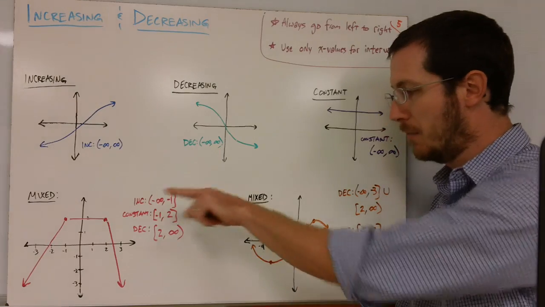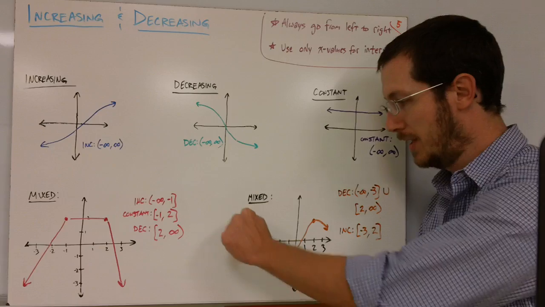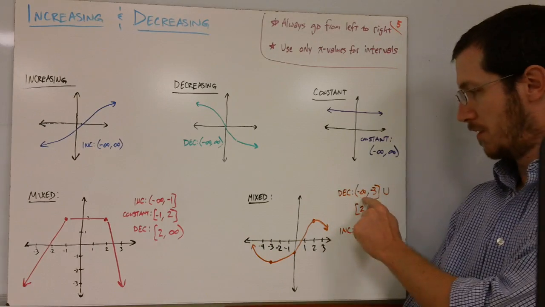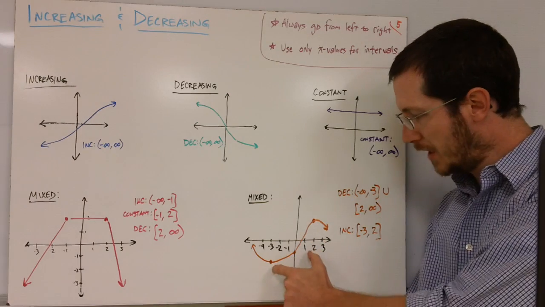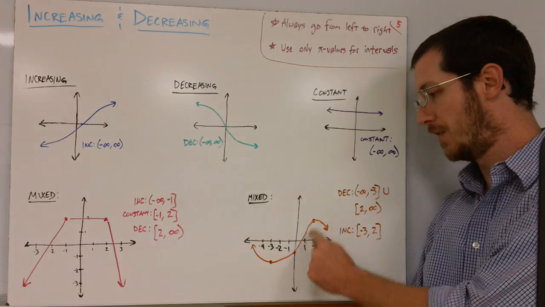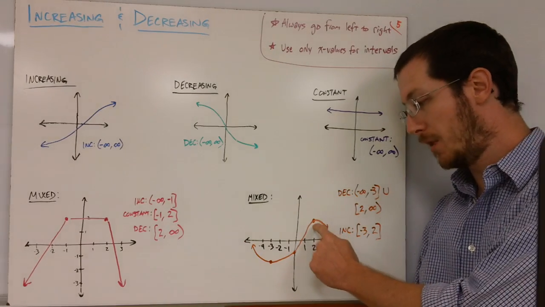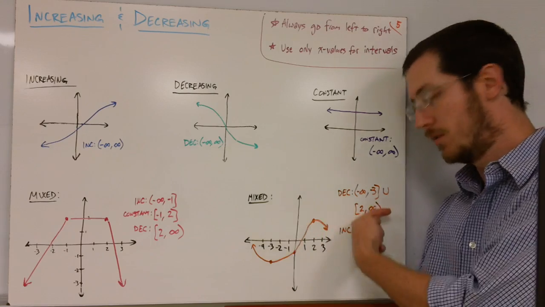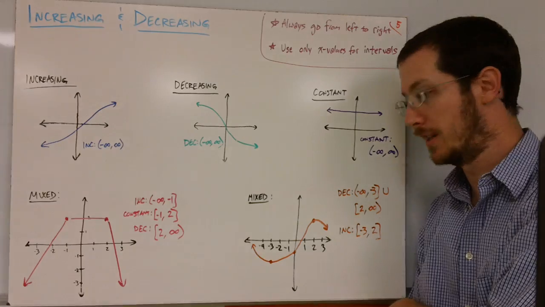This piece here from -infinity to -3, it's decreasing. Then from -3 to this point, which has an x value of 2, this function is increasing. And then from +2 to +infinity, it turns around and is decreasing again.